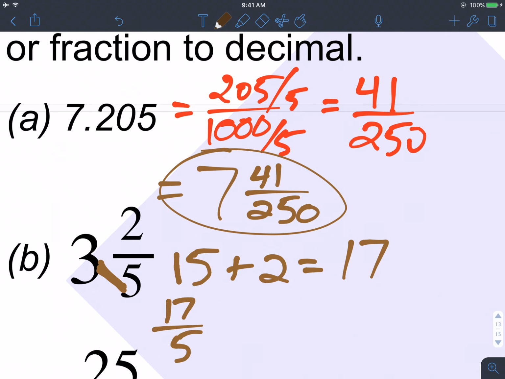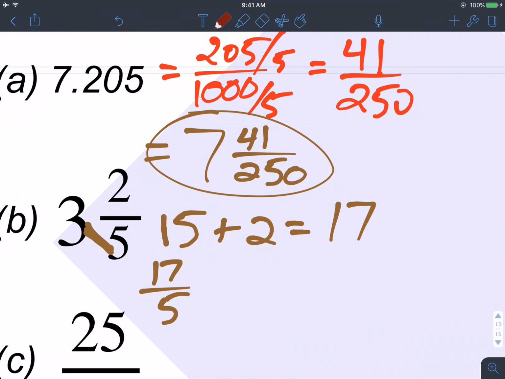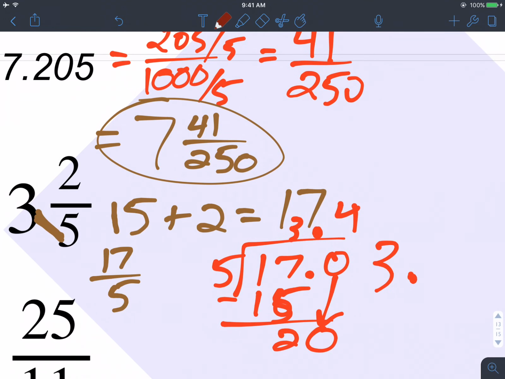Now, in order to write that as a decimal, we can perform that division. That's a 5. 17 minus 15 is 2. Decimal point. Bring the 0 down. 5 goes into 20 4 times. I think this is 3.4.